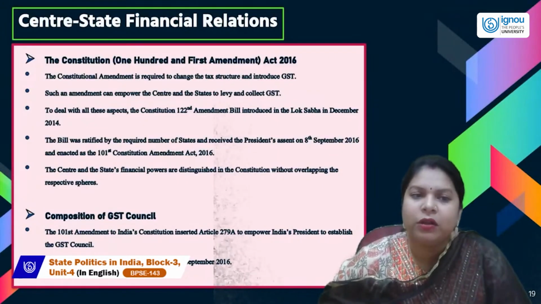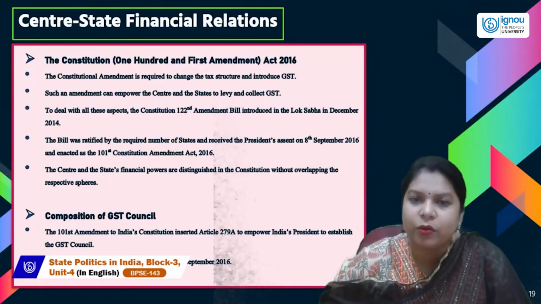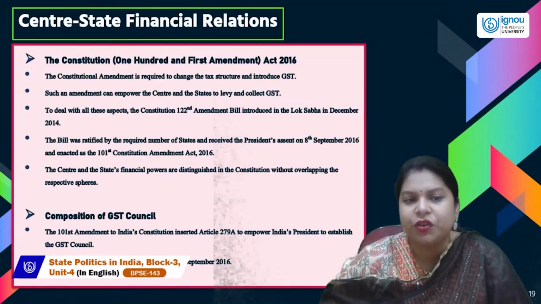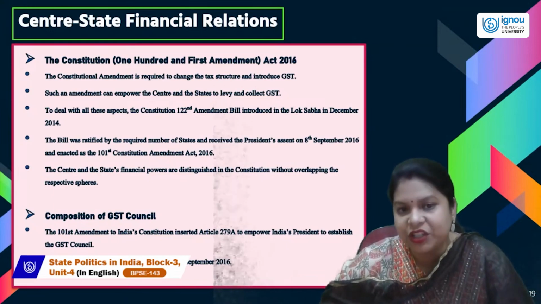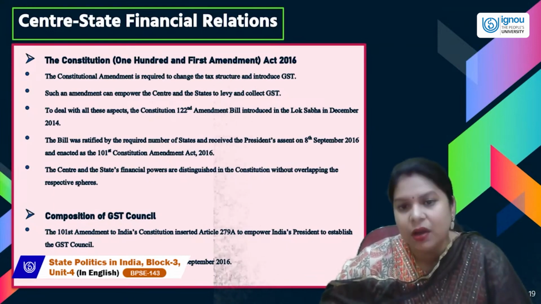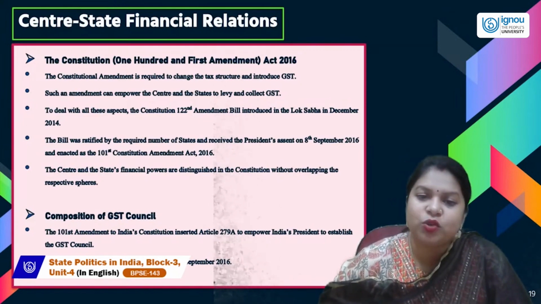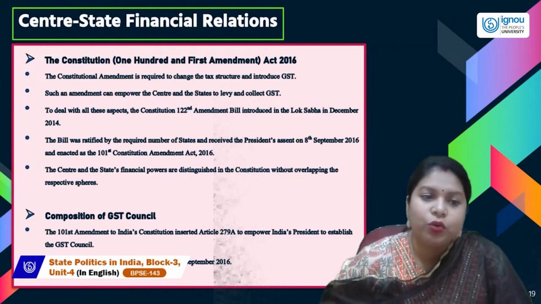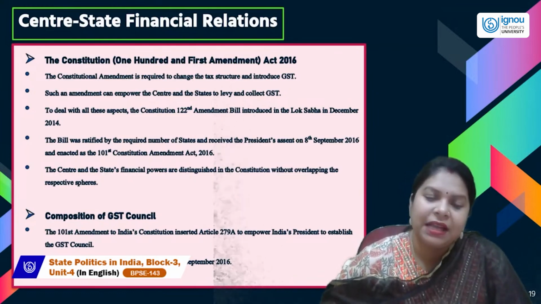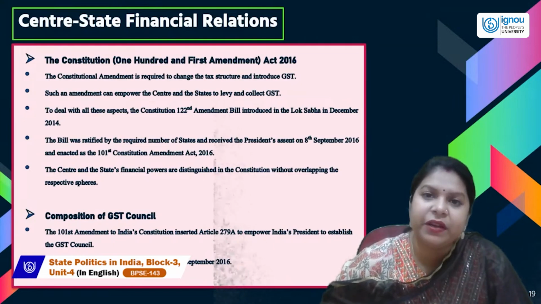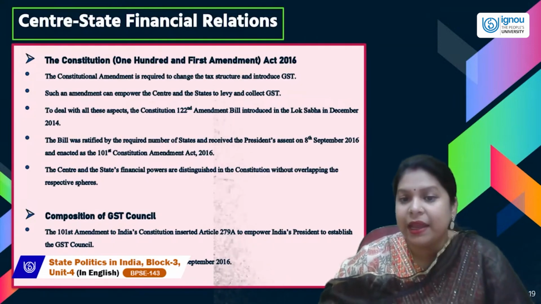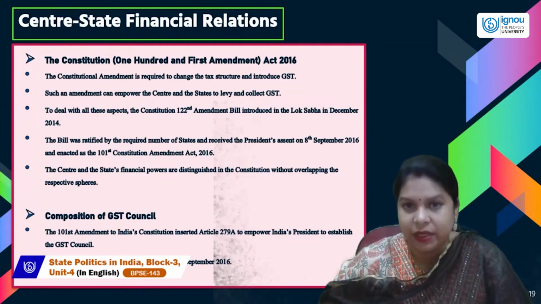Now let's talk about the 101st Amendment Act 2016. The Constitution Amendment is required to change the tax structure and introduce GST, Goods and Service Tax. Such an amendment can empower the center and states to levy and collect GST. To deal with these aspects, the Constitution's 122nd Amendment Bill was introduced in the Lok Sabha in December 2014.